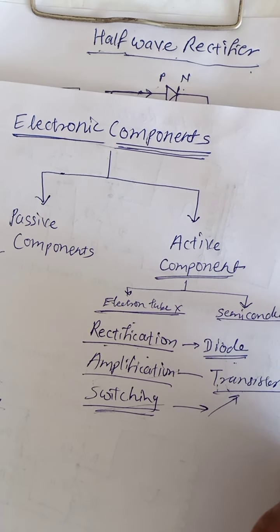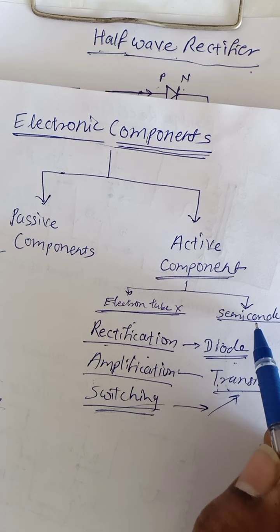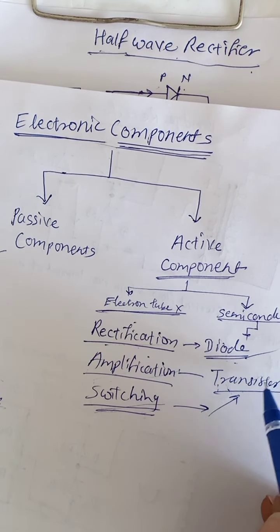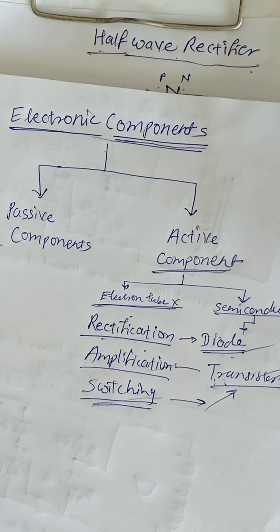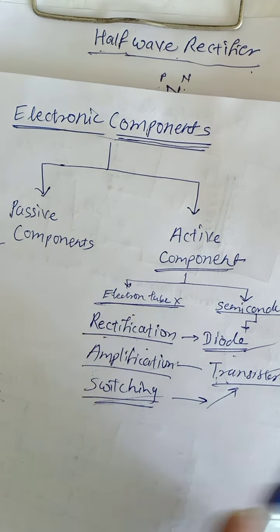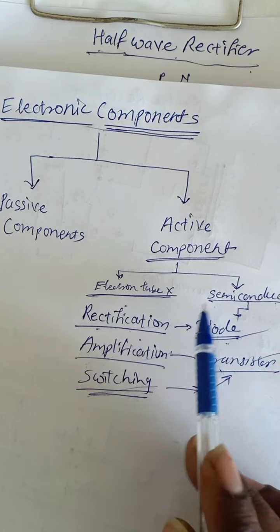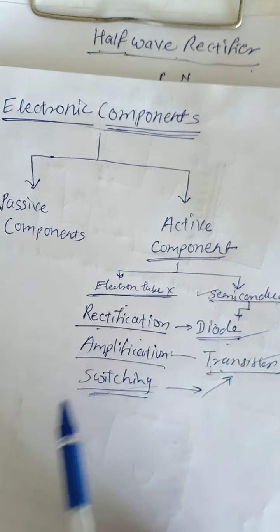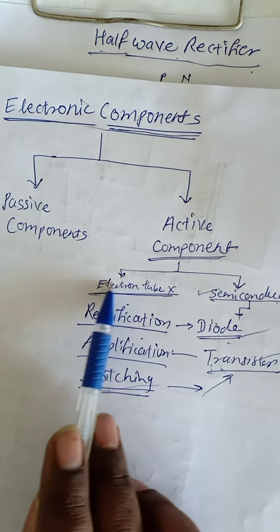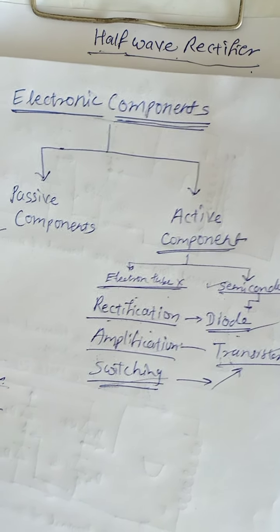In this semiconductor category there are diodes and transistors. There are different diodes, different transistors. These are the active components which are mostly used in electronic circuits. The electron tubes are totally outdated.